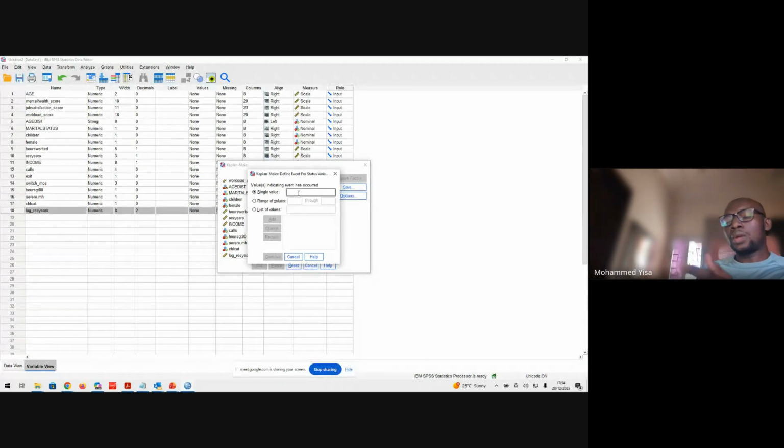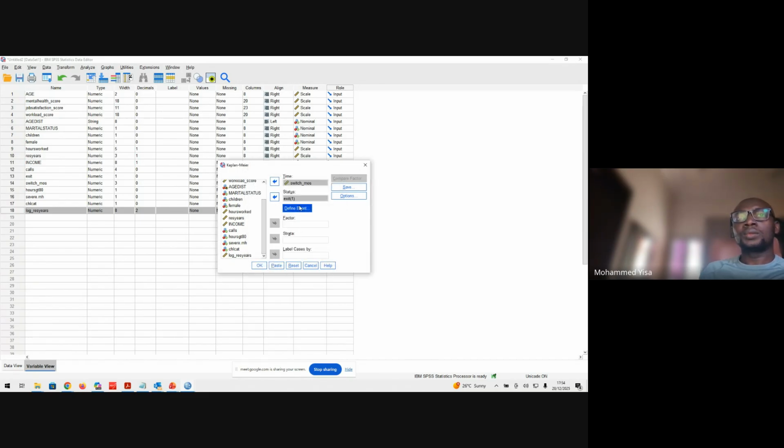It's coded 0 and 1, 1 for someone who has left medical practice. So we enter 1 here and click Continue. Then from here, we can click OK, and it will show us the options, the survival table. We click on survival plots, and it will show us the Kaplan-Meier curve. Then we click Continue and click OK.